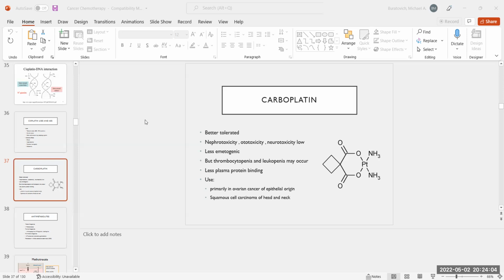The other drug that will inhibit ribonucleotide reductase is a drug called fludarabine. Fludarabine is given either orally or intravenously.